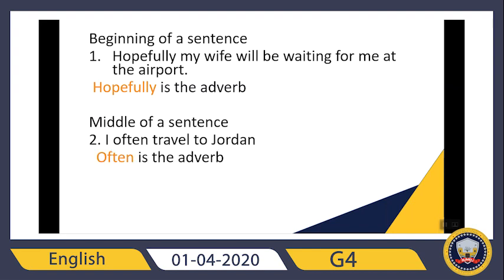Often is the adverb in the sentence. It modifies the verb travel. It tells us how often you go to Jordan, because often is under the adverbs of frequency. So let's go to the next one.